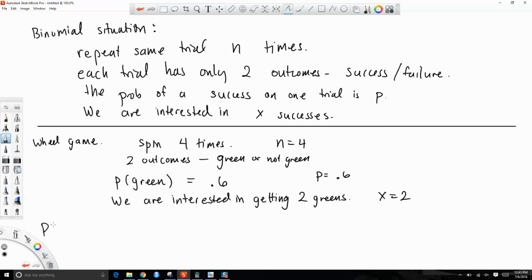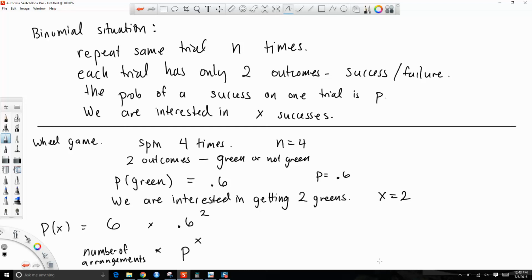And so the probability of getting 2 greens after spinning it 4 times is going to be 6, the number of combos or number of arrangements, times 0.6 squared. This is p raised to the x power.